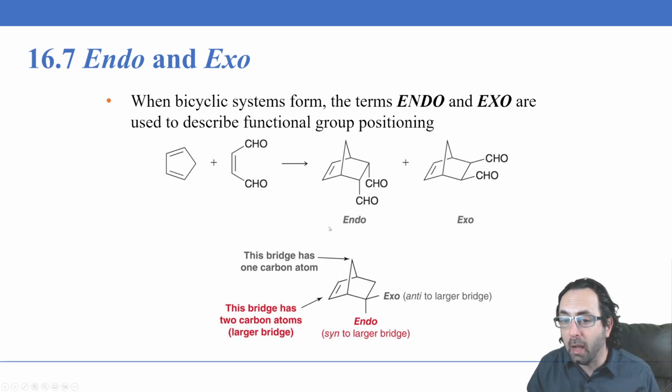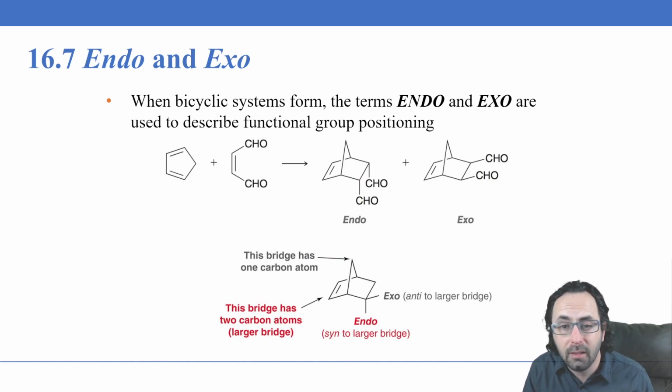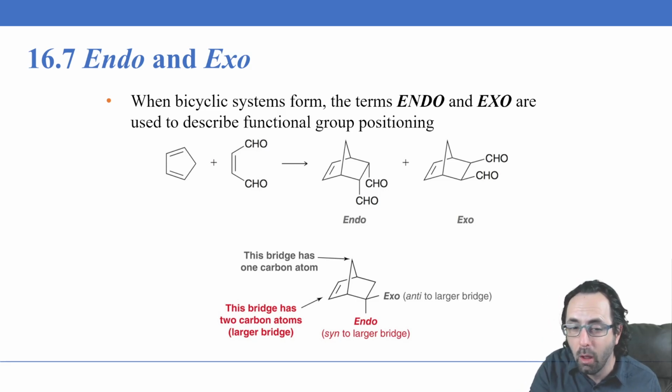Now, when bicyclic systems form too, there are new terms that we can use to describe the arrangements of where these groups are going. They are endo and exo.